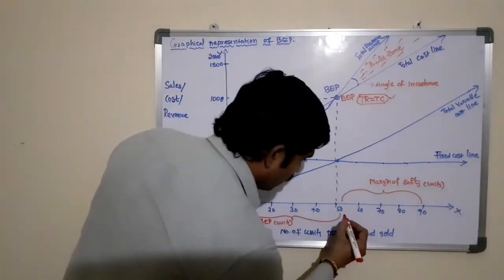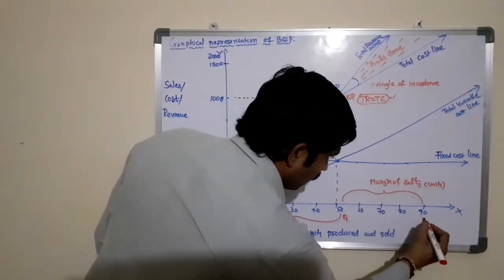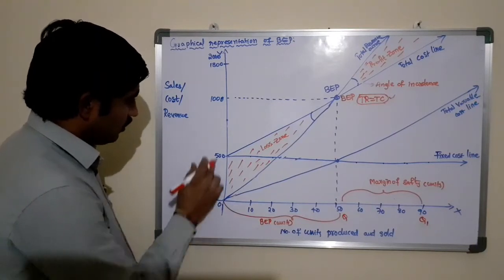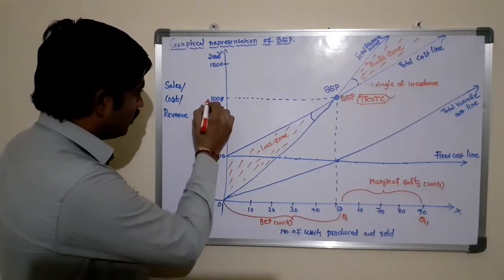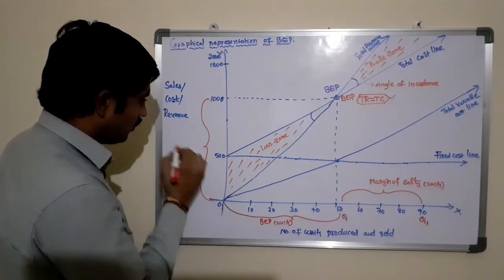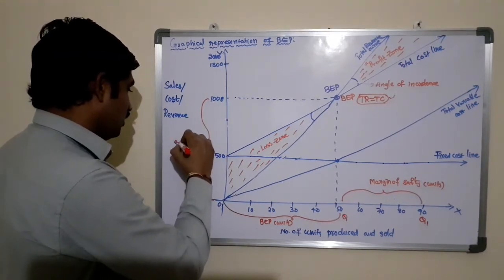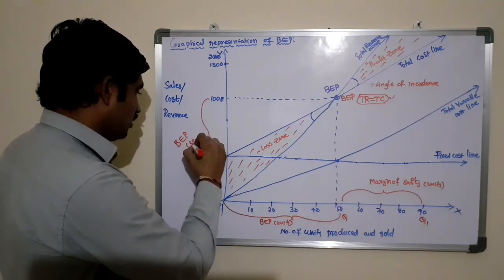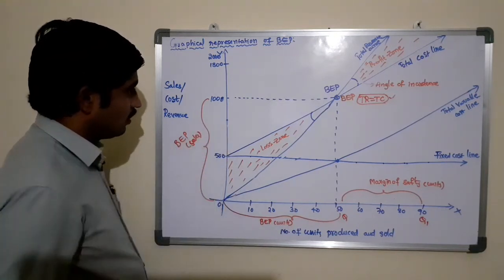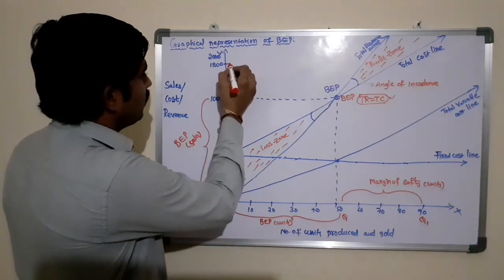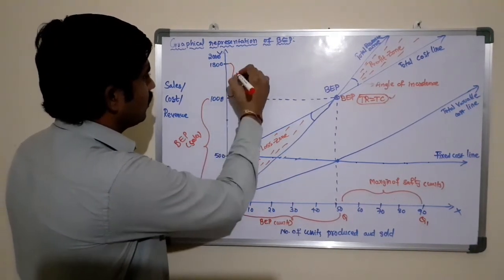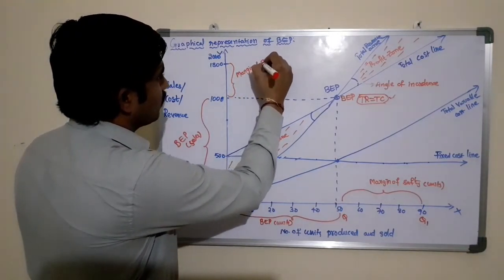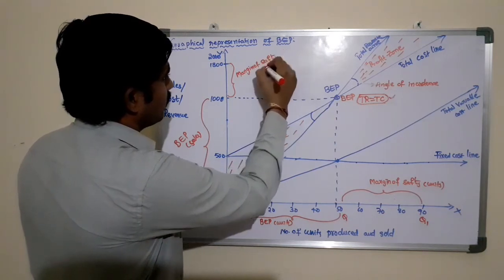Let us take here OQ1, and here up to 1000, this is called the break-even point in sales area, and after 1000, this is the margin of safety in value.